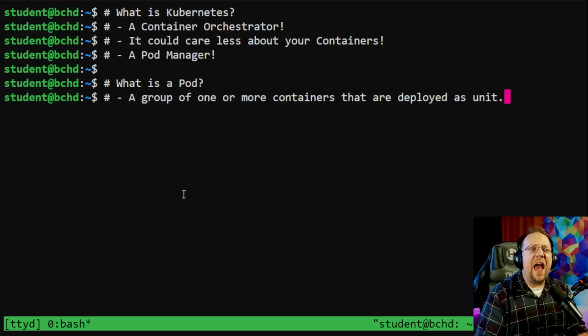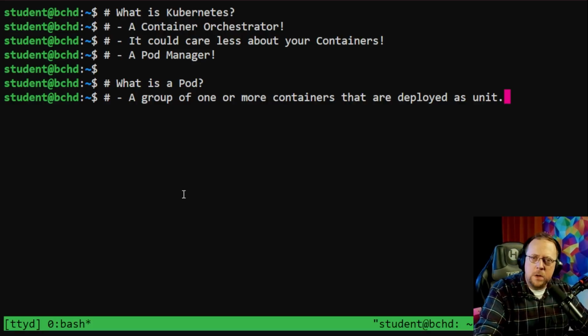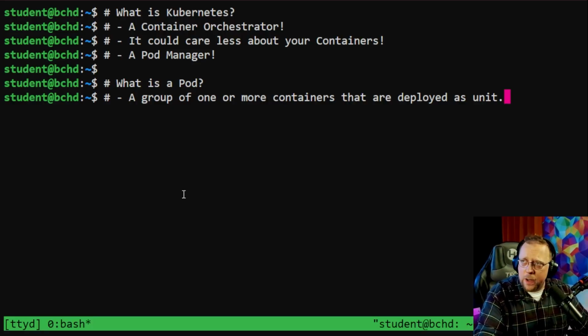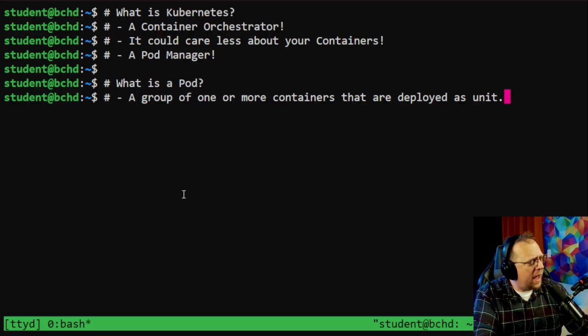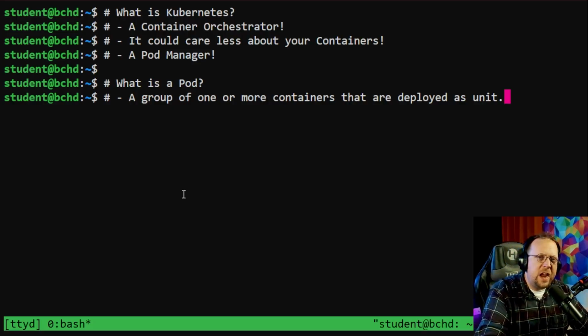So when I ask the question during class, well, what is a container? Someone typically says a virtualized process, something along those lines. And I say, well, what is a container actually virtualizing?